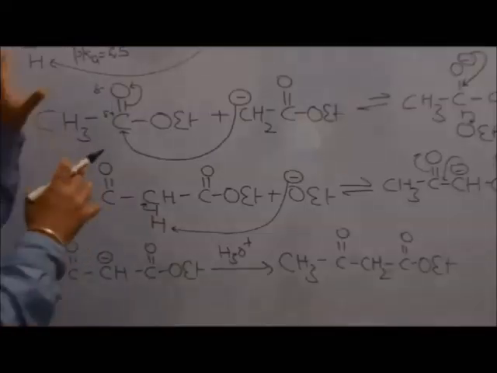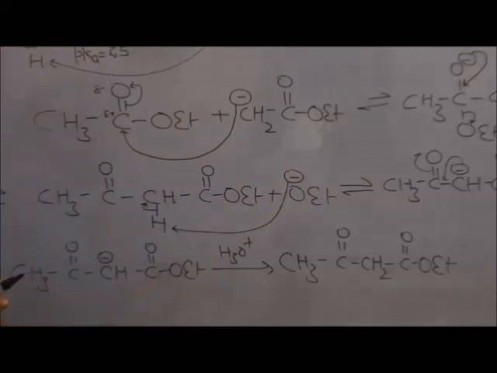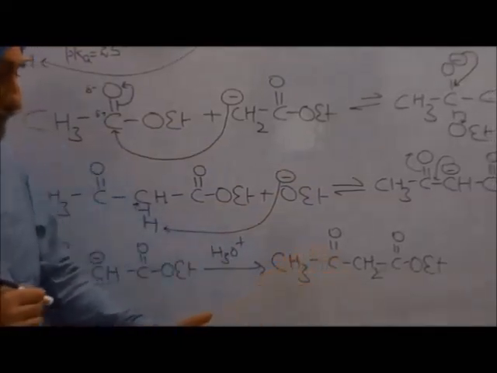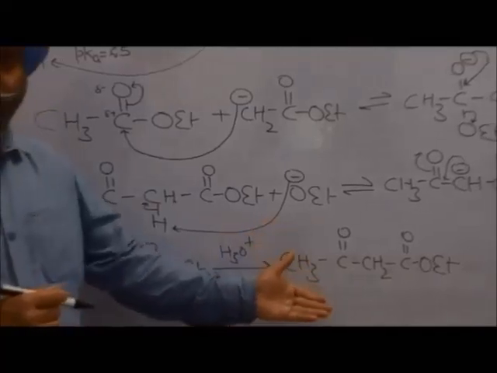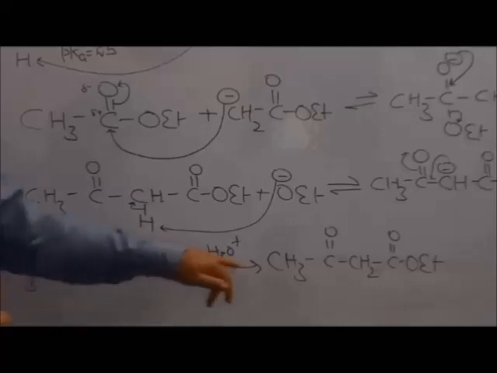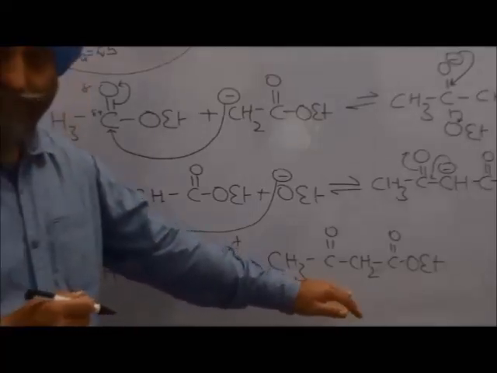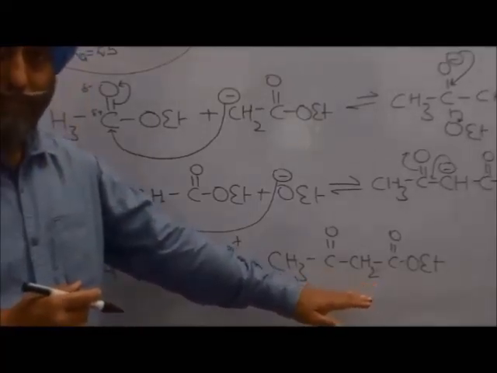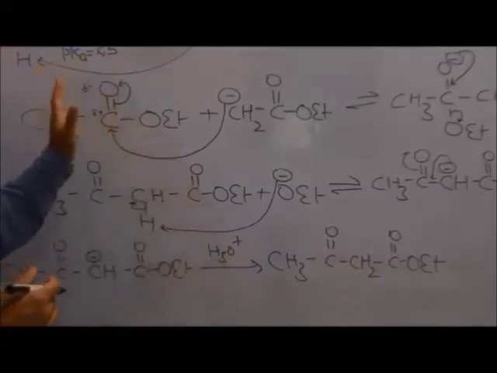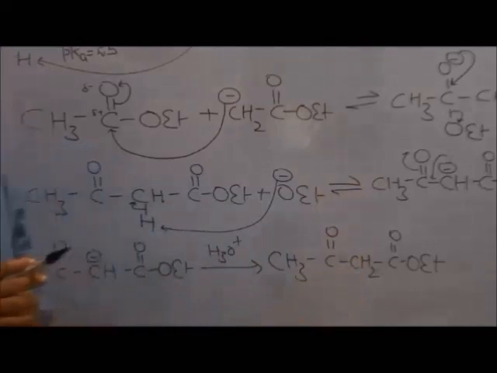To shift the equilibrium in the forward direction, you keep on removing the product formed, and one of the ways is the flask in which the product is collected is cooled, its temperature is kept low, and the product keeps on collecting there, and the reaction is pushed in the forward direction.